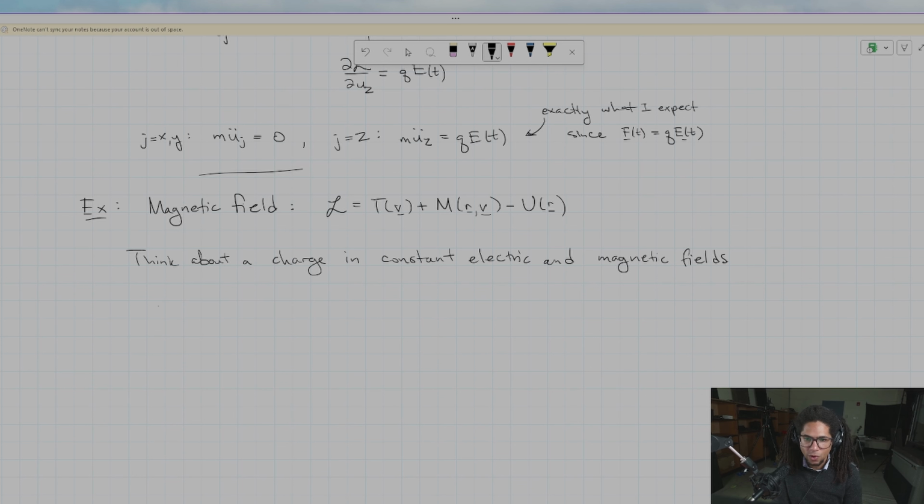We know what to do about T and U. T can be equal to half m v dot v, just as always. Now, the only thing that has potential energy is the electric field. This is important. The magnetic field, in that it does no work, does not cause a potential energy. Everything about the magnetic field is going to get encoded in M.